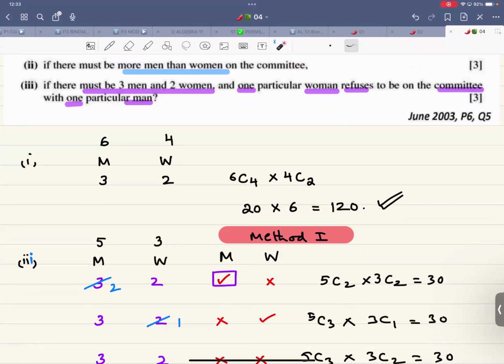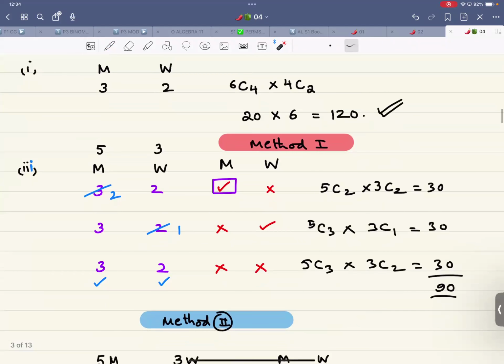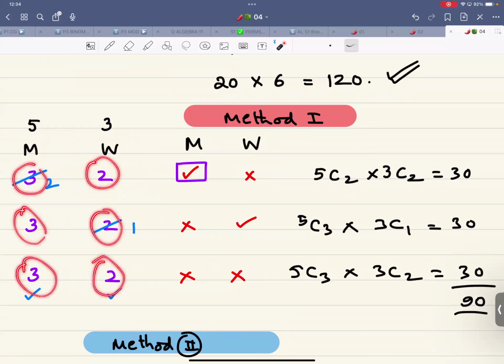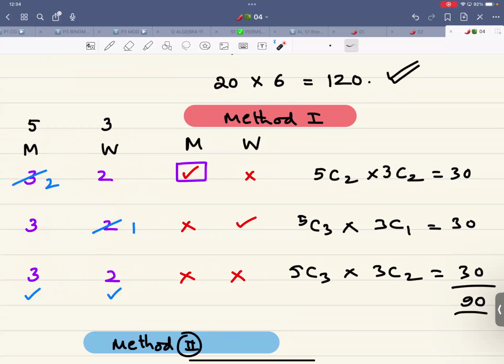Now it says, if there must be 3 men and 2 women, and one particular woman refuses to be on the committee with one particular man. So let me do it in 2 ways. The first method: first of all, I wrote 3, 2, 3, 2, 3, 2 all along, because that is the objective, 3 men, 2 women.